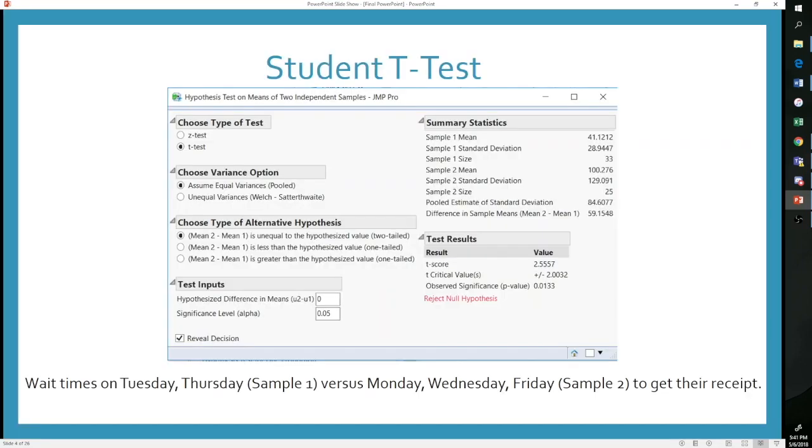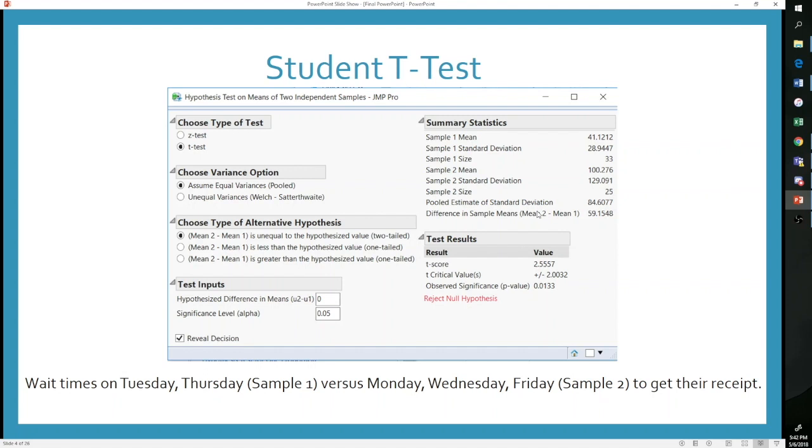So first off, we have 2 student t-tests. The first one is the wait time on Tuesday, Thursday, which is sample 1, versus Monday, Wednesday, Friday, which is sample 2, to get their receipt. And we can see that we have 33 as our sample size for sample 1 and 25 as the sample size for sample 2.